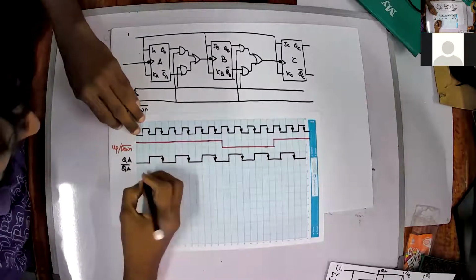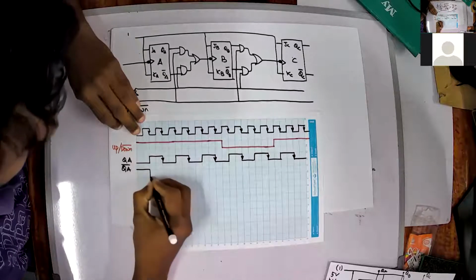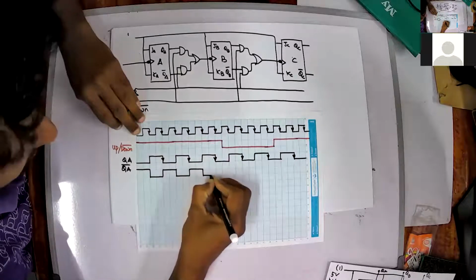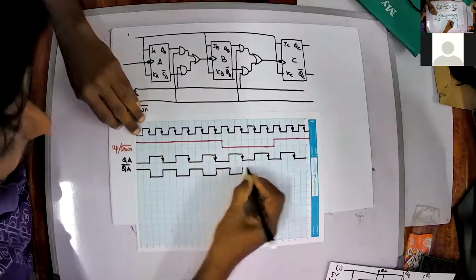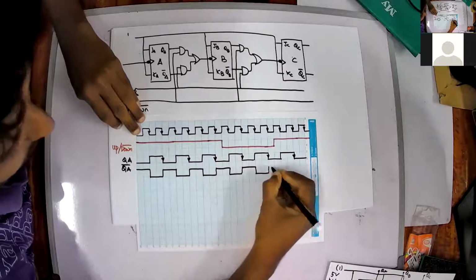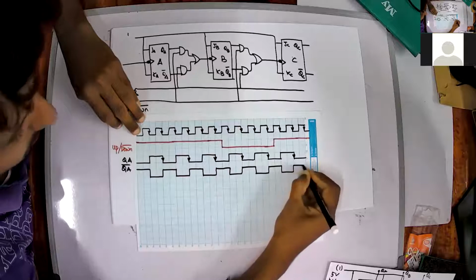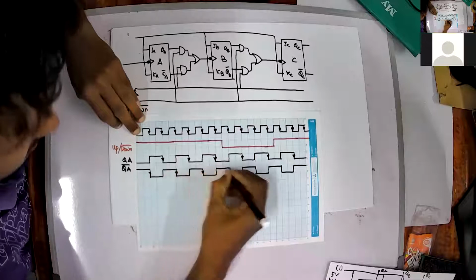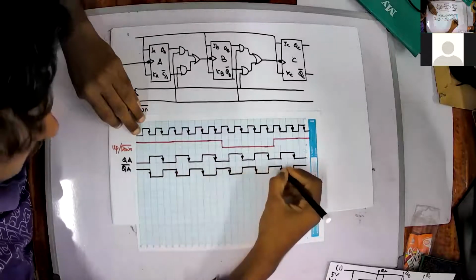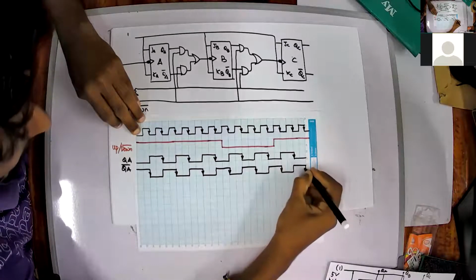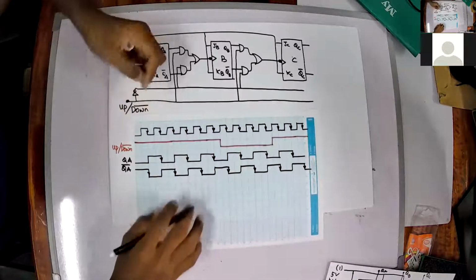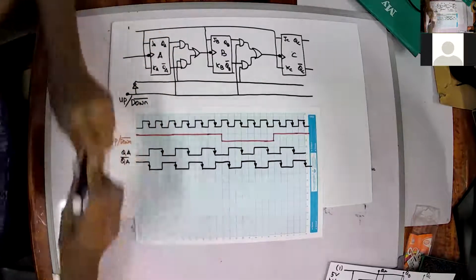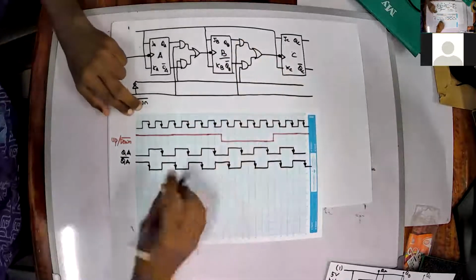So I'll draw my QA bar: low, high, low, high. Again, these are my negative edges of my QA bar. Now let's see how we can do the pulses of QB.